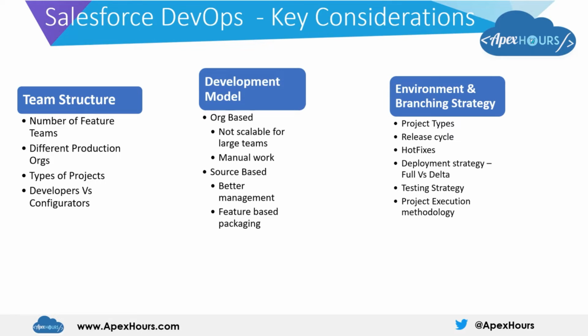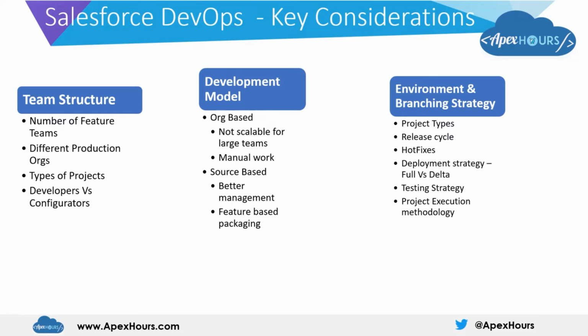And the third factor is environment and branching strategy. Again, this depends on the other factors that I just mentioned, along with the release cycle, when each product or project should go into production.